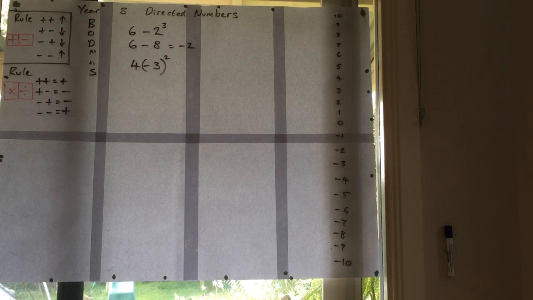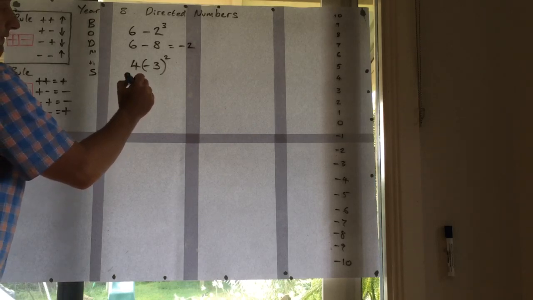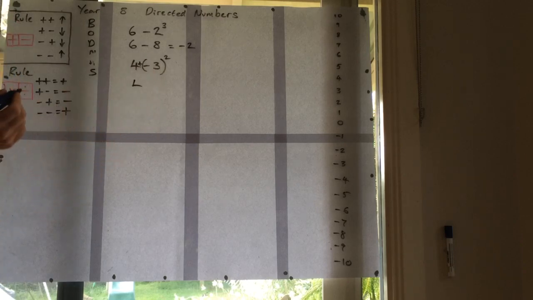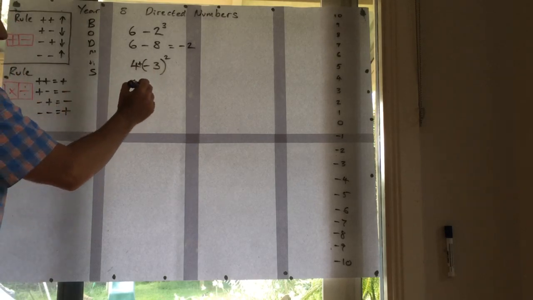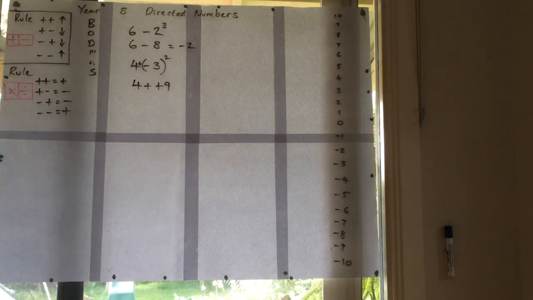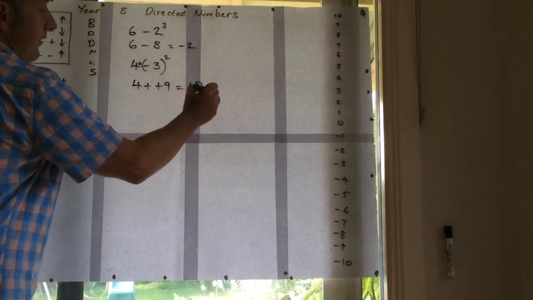So 4 minus 3 squared, well, minus 3 squared in brackets is positive 9. So this is going to give me, oh, damn it, I should have put a plus there, sorry, that's a bad mistake. So this is 4 plus positive 9. Again, you have to see the other video. So 4 plus positive 9 is 13.